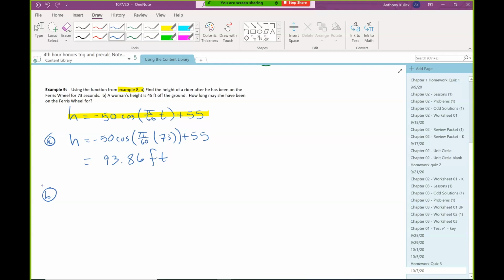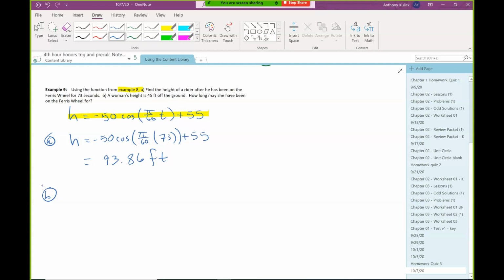Okay, hold on a second. What quantity are we looking for? A time, right? It says how long may she have been on the Ferris wheel? That's a time question, right? Okay, so we're solving for t.